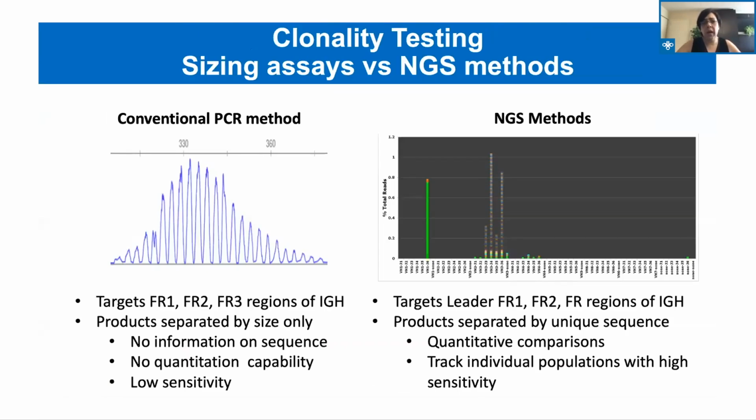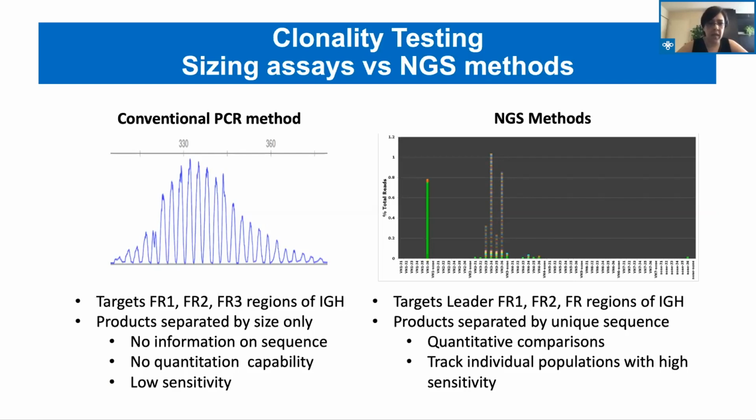Clonality testing in general, or this type of assessment, has always been done with sizing assays. For the past 10, 20 years, we have been doing this with assays that are highly standardized and generally look for specific targets in IgH, particularly the FR1, FR2, and FR3 regions.